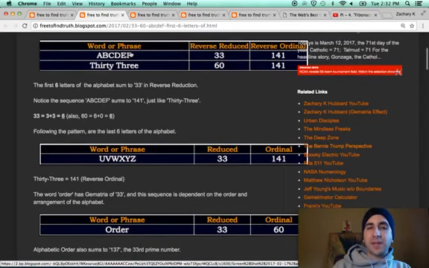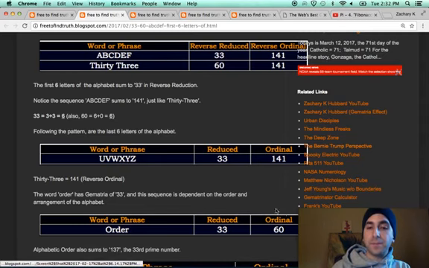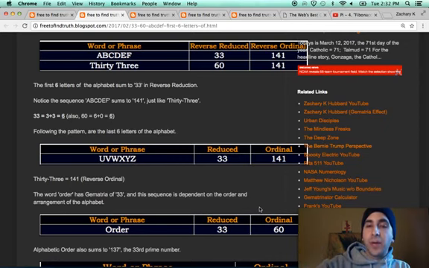So that's the first 6 letters of the alphabet. The reason that's interesting is because the numerology of 33 is 3 plus 3 is 6, just like the numerology of order in ordinal 60, where 6 plus 0 equals 6.